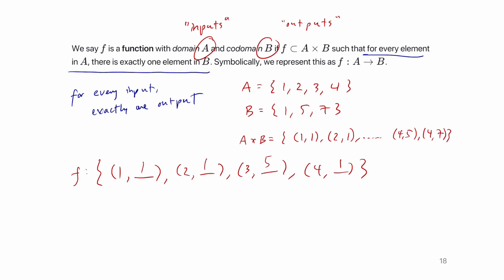All that we care about is that for every potential input, every element in A, we map it to exactly one element in B. And that is how we define a function. Each A in A is mapped to exactly one B in B.